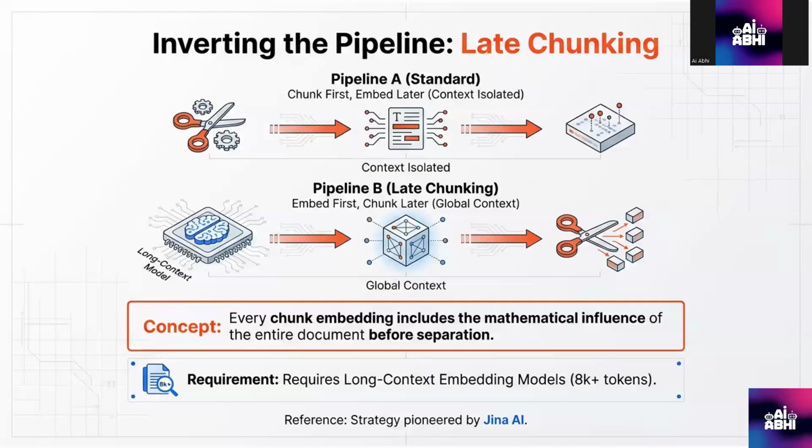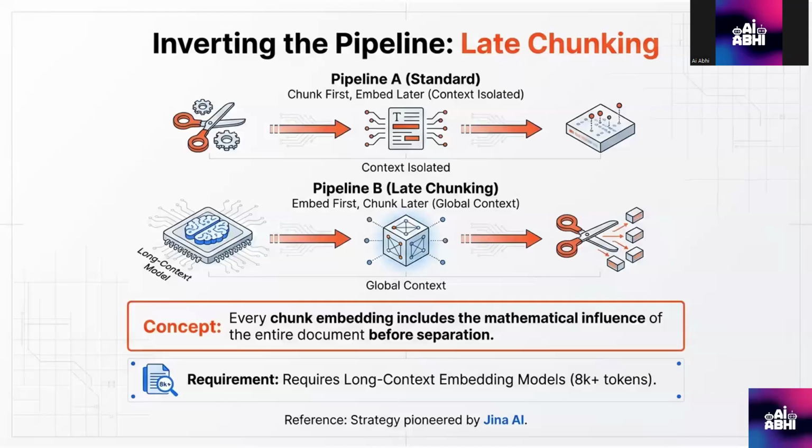Jina AI pioneered this technique and it shows around 10 to 12% improvement on queries involving pronouns and references. It's computationally efficient compared to contextual chunking because you don't need extra LLM calls, but you do need a long context embedding model. So let's come to the pros and cons.